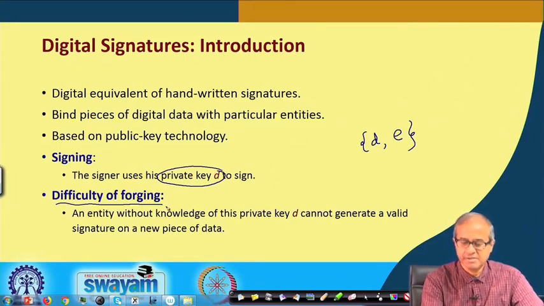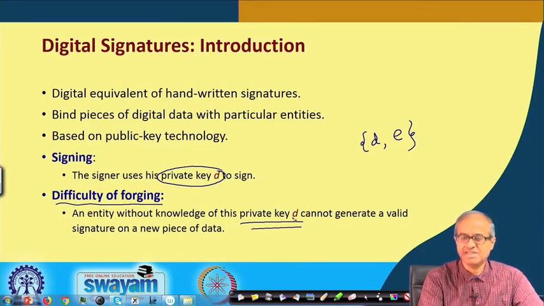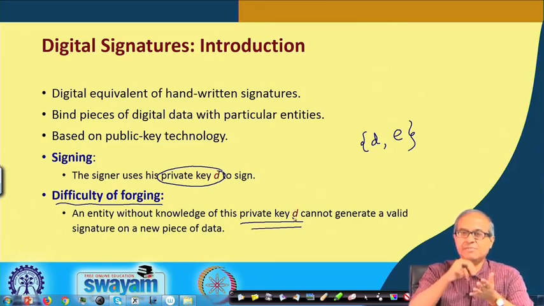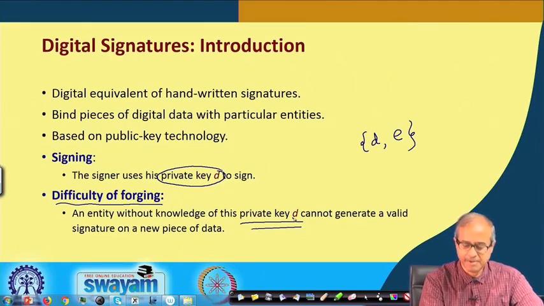So, this private key value D cannot be replicated by anyone else, and any entity without knowing D cannot generate the same valid signature. So, signature forging is not possible. You see, even with the pen and paper signature, someone can try to make a signature similar to my signature and forge, but in the digital case it is simply not possible.